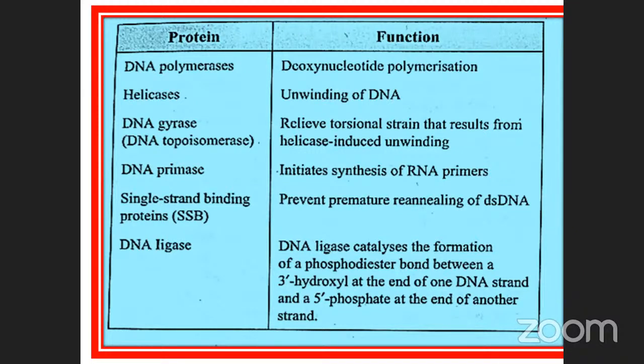The single-strand binding protein, this is also given in your slide, prevents premature re-annealing of double-stranded DNA. And DNA ligase. What is meant by DNA ligase? DNA ligase catalyzes the formation of the phosphodiester bond between the 3'-hydroxyl at the end of the DNA strand and the 5'-phosphate at the end of the other.